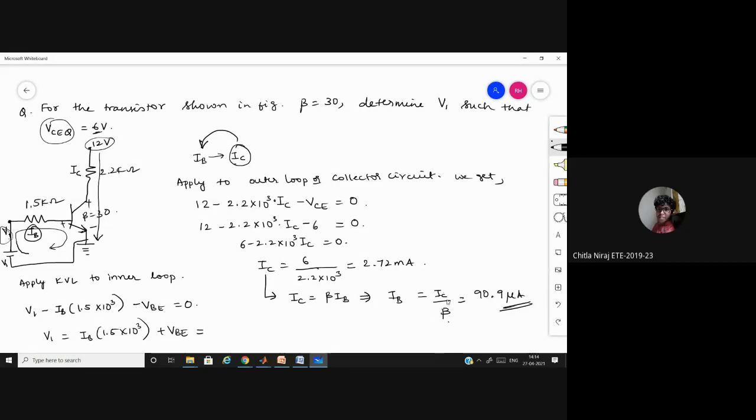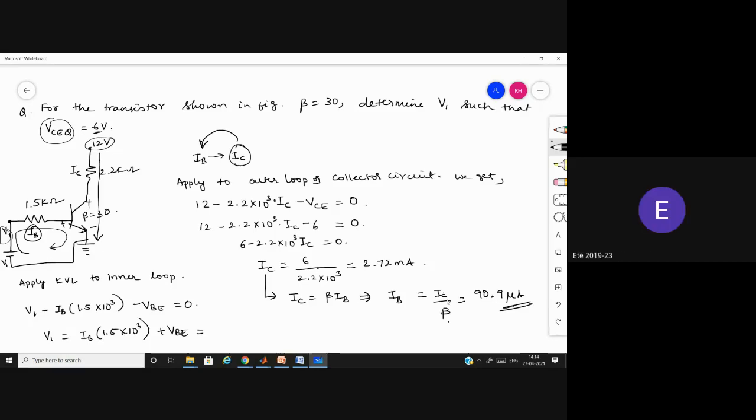So 0.8363 volt. See, we are having 90.9 into 10 to the power of minus 6 into RB.